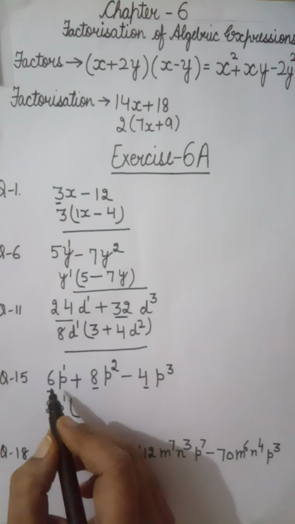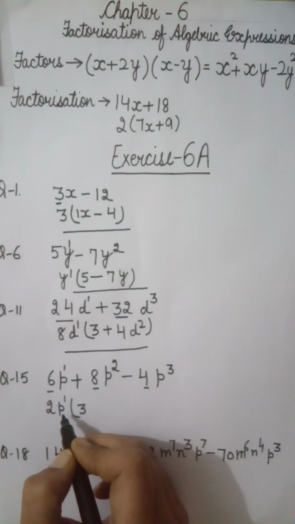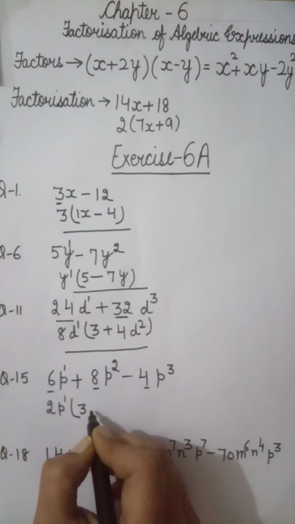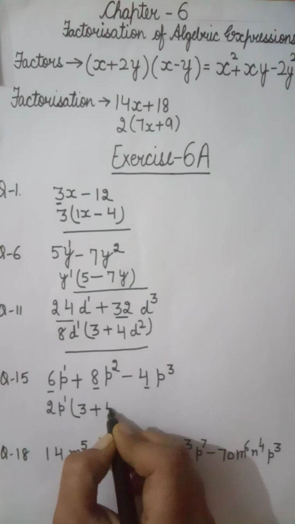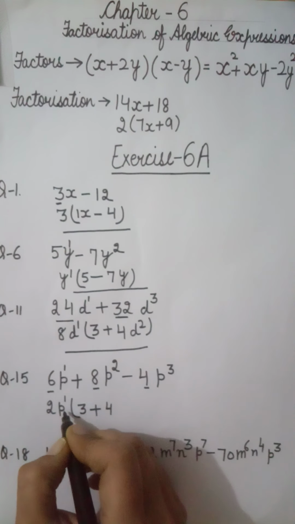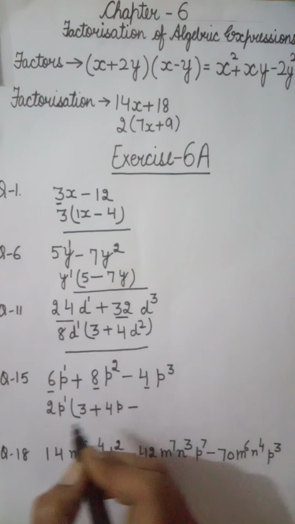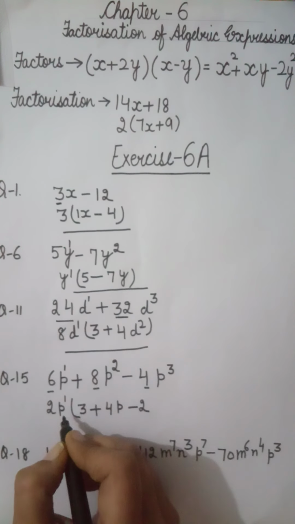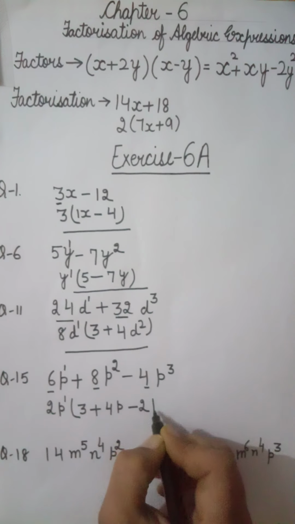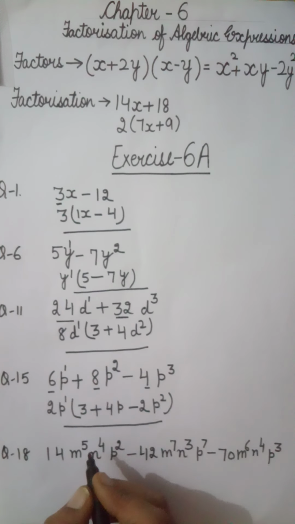Now divide this 6 by 2, you get 3. p1 divided by p1 we get 1 plus 8 divided by 2 we get 4. p2 divided by p1 we get p1 minus 4 divided by 2 we get 2. p3 divided by p1 we get p2. This is the answer.